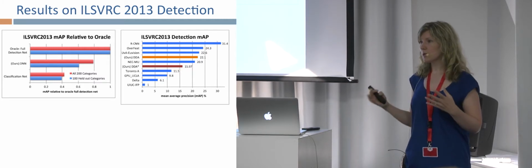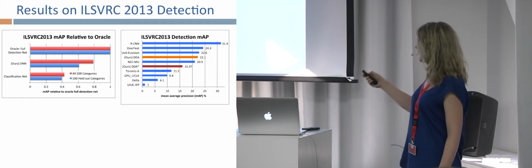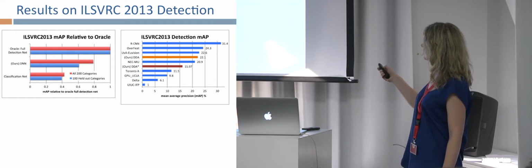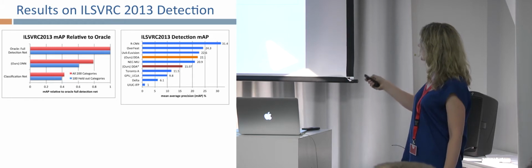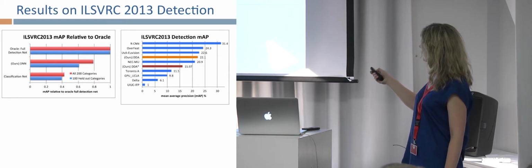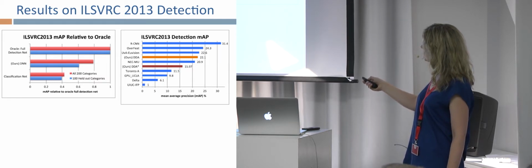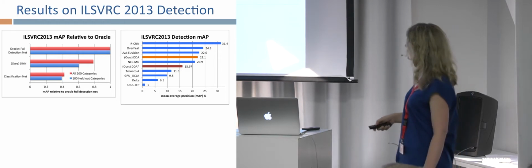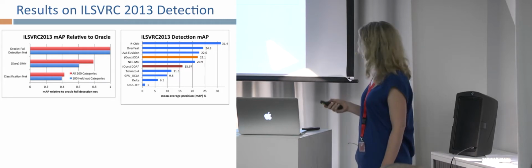So if we pretend we had bounding boxes for everything, we get this performance from RCNN. If we throw away half the bounding boxes, we get this performance. It's not as high, but it's actually higher than some other recent methods that use all of the bounding boxes for training.